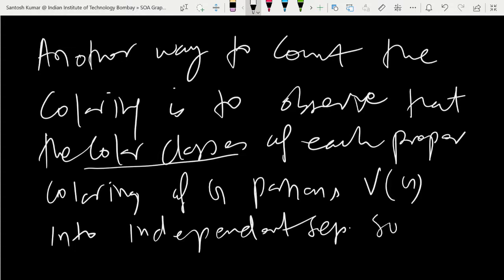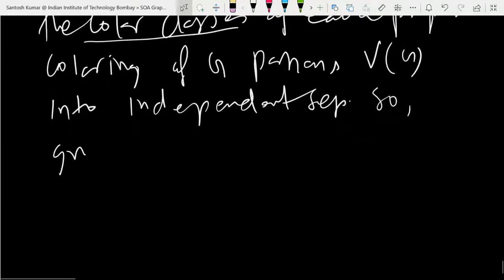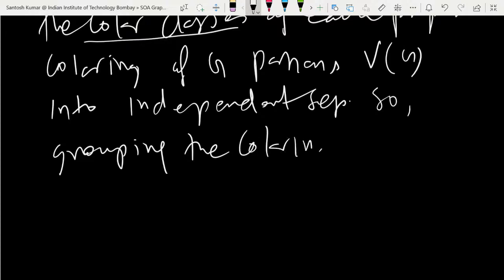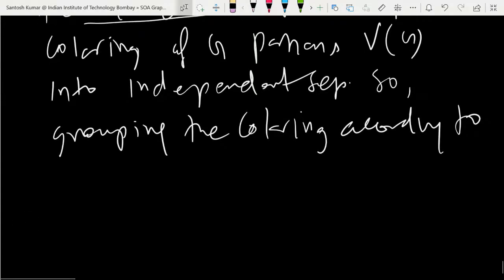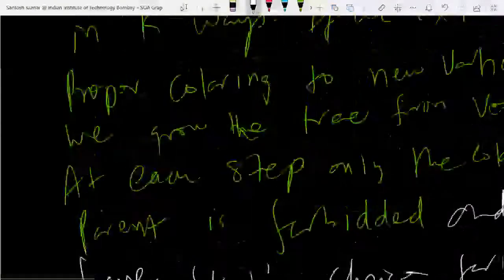So grouping the colorings according to this partition. Actually, I used this result in the last class for C4.